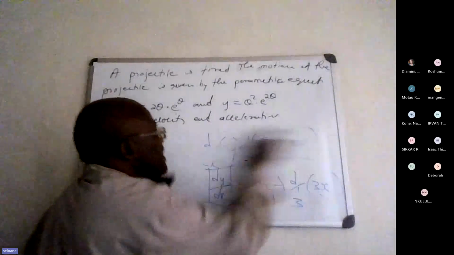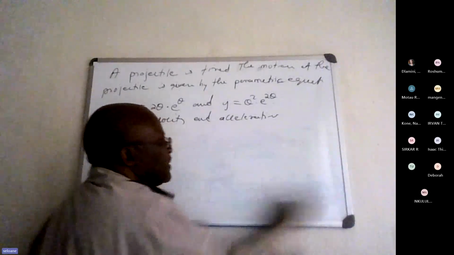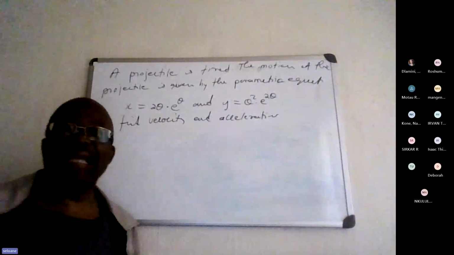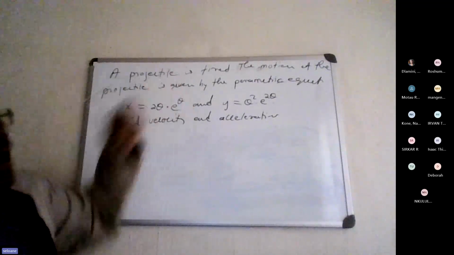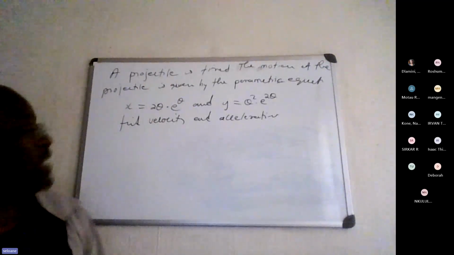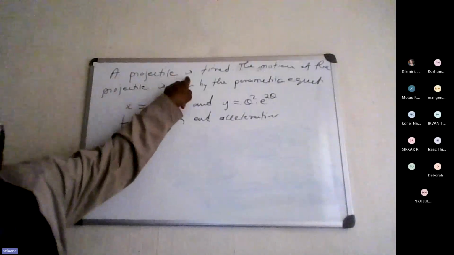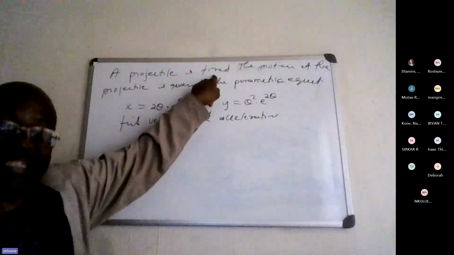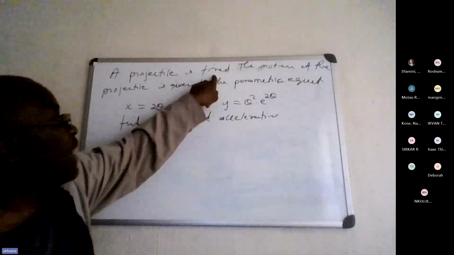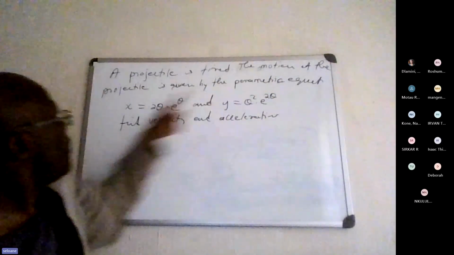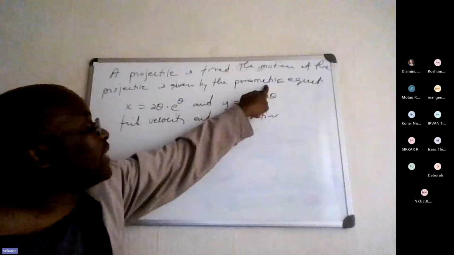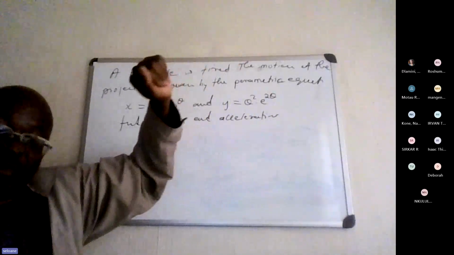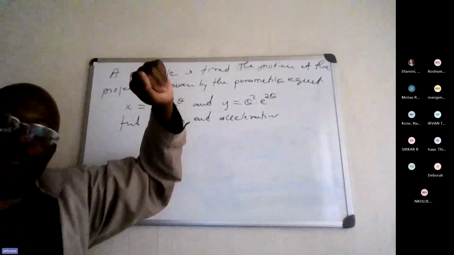In our application here, and please, you can stop me at any time, they say a projectile is fired vertically. And now they say the motion of the projectile is given by these parametric equations. I don't have to go back to say what parametric equations are.